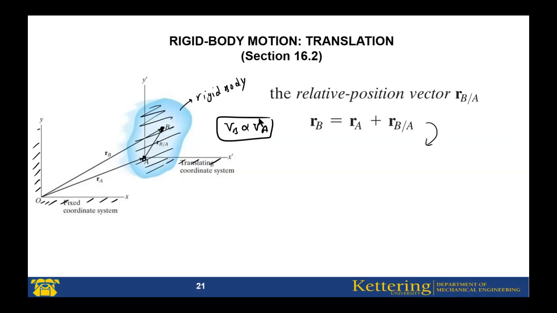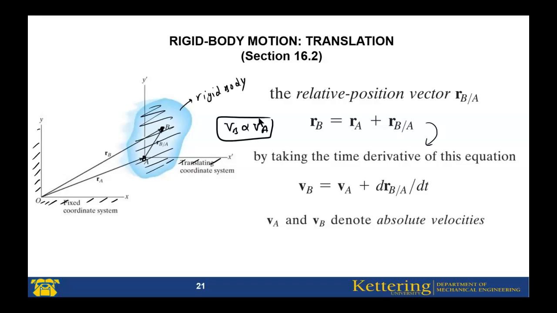How can I find the relative velocity equation? Yes, the derivative. If I take the derivative of this one with respect to time, I can find this equation. The derivative of RB with respect to time is VB, the derivative of RA with respect to time is the velocity of A, and this term is the derivative of RB with respect to A with respect to time.